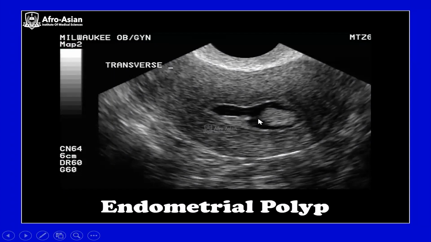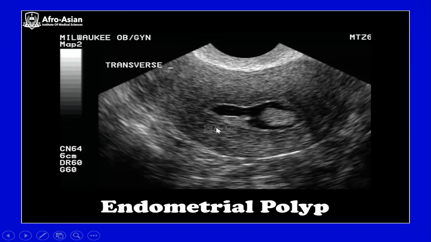It will have a peduncle. We can differentiate it from the endometrial carcinoma, from a mass, endometrial mass, or a pedunculated endometrial fibroid, which is also called intracavitary fibroid, which is pedunculated inside the endometrium.